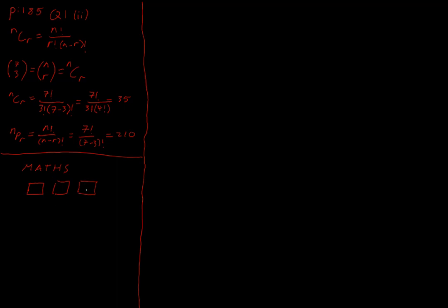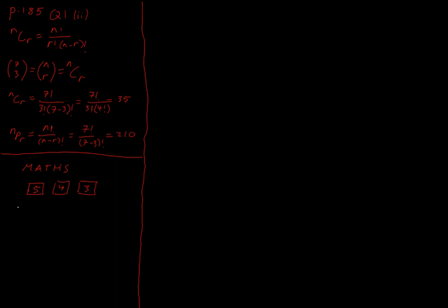I'm going to go back to my boxes. So boxes are only for permutations. I'd have 5 options for my first letter, I'd have 4 options for my second letter, and I'd have 3 options for my third letter.